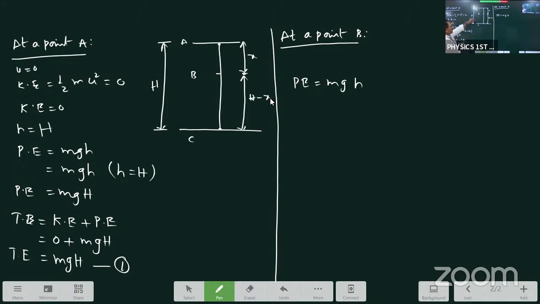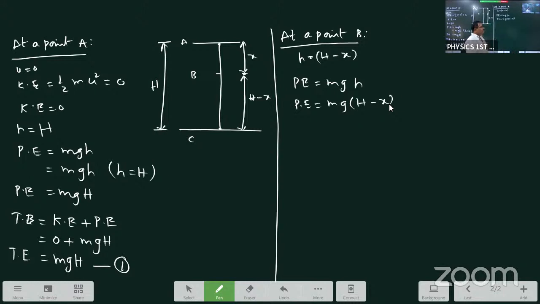At point B, the body is at a height of H minus x. Then the potential energy is mg(H minus x).